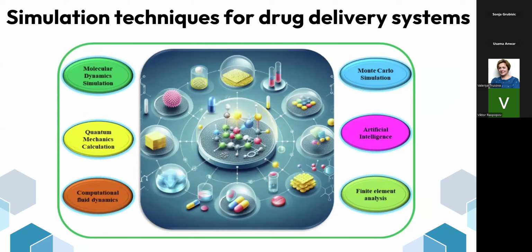Monte Carlo simulation is very promising in the design of drug delivery systems, which uses random sampling to simulate the behavior of drug molecules in a system. Molecular docking, of course, is the approach which allows us to predict the localization of the drug molecule within the protein and to identify the binding sites.